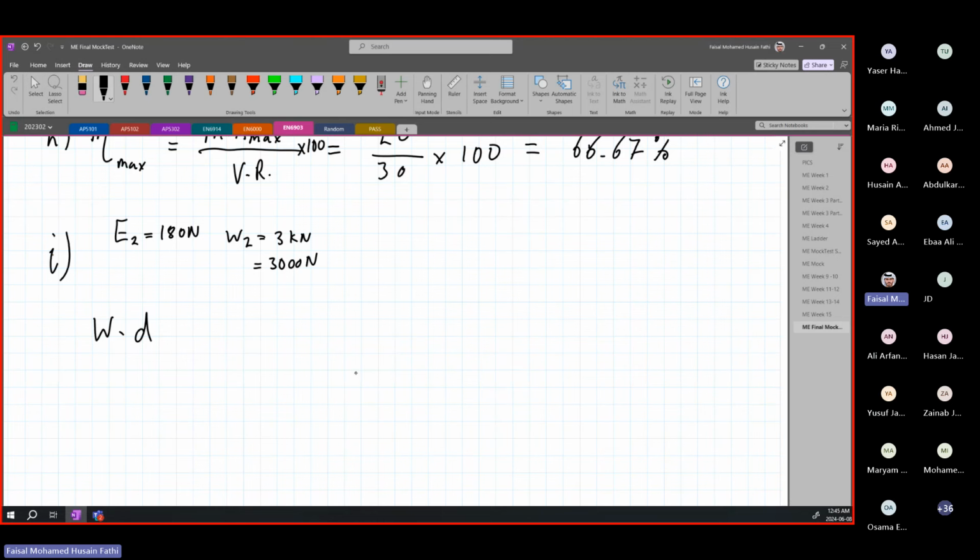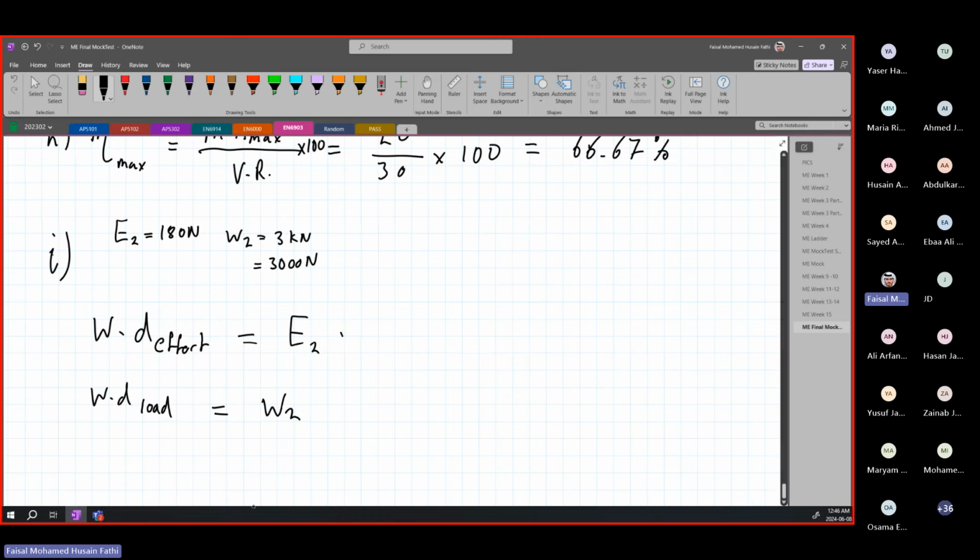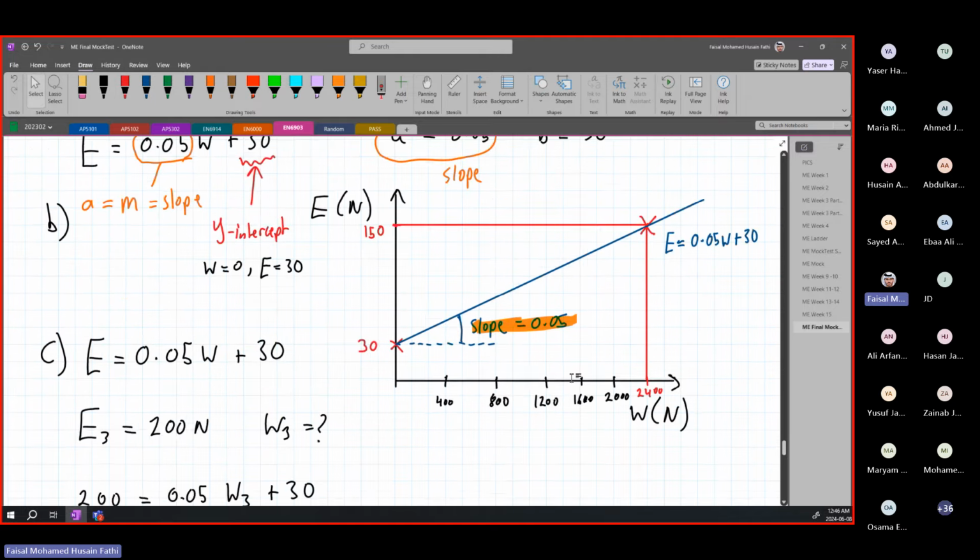It's going to be the work done of effort, we're going to find that, and the work done of the load. And what is the equation of work done? It is the force times the working distance. In the case of effort, the force is E2, because we're looking at E2, and for the load it's W2. The working distance was already given to us in the question.